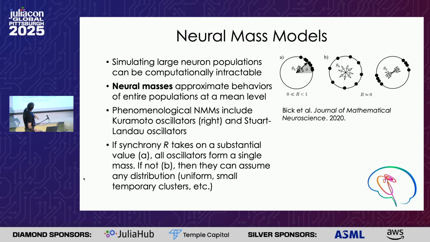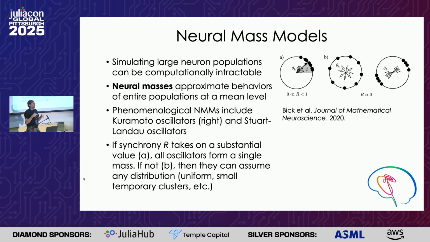Neural mass models. I told you already, we have 10 to the 11 neurons. We can't model them all. This was mostly work by physicists, condensed matter physicists, who always think in mean field models. Take 1,000, 10,000, or 100,000 neurons and ask: what is the average behavior of 10,000 neurons if you connect them all together?